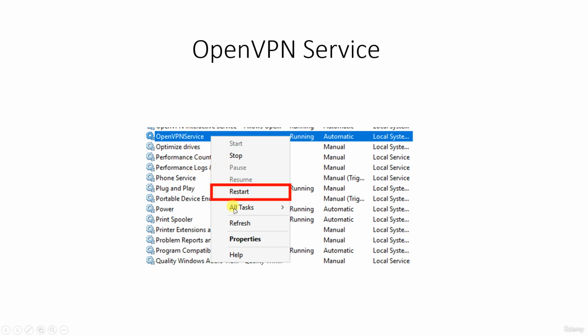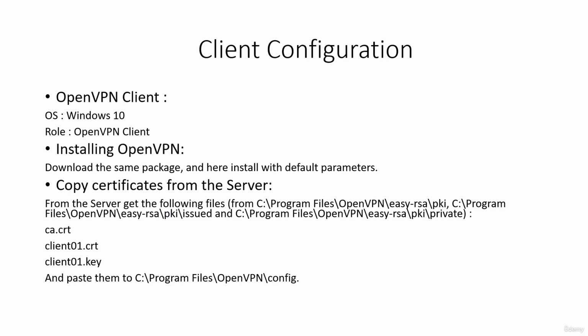So what we need to do now is set up our client configuration. Our OpenVPN client will be on Windows 10. First, similarly, we need to download the same package with the default parameters, and we need to copy the certificates from the server.